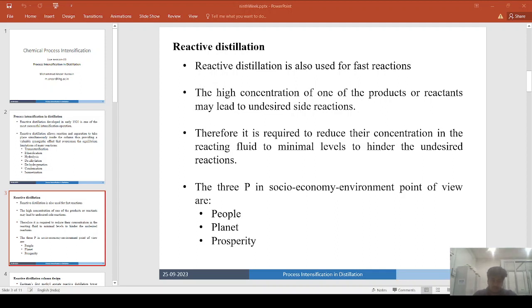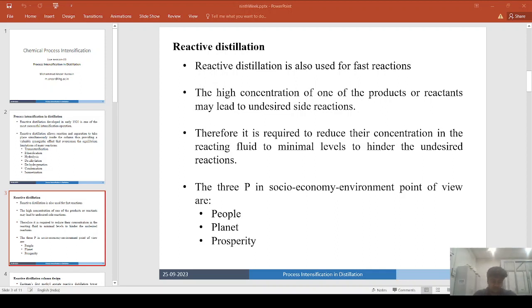So in nearly all cases, reactions take place in the liquid phase, but reactions taking place in the gas phase, with the catalyst located in the vapor phase of the column, is conceivable. The separation uses the vapor-liquid composition difference.